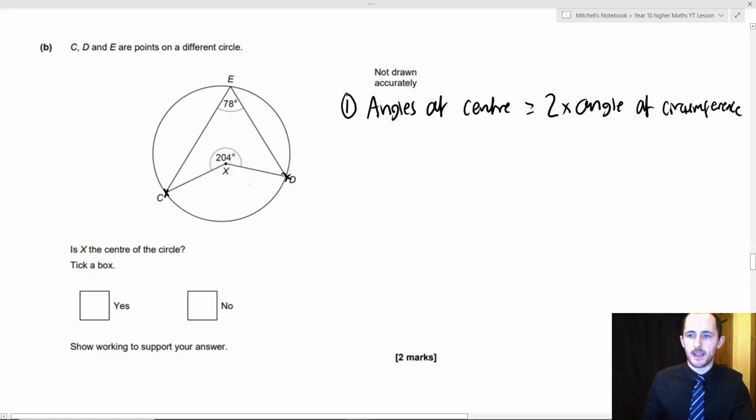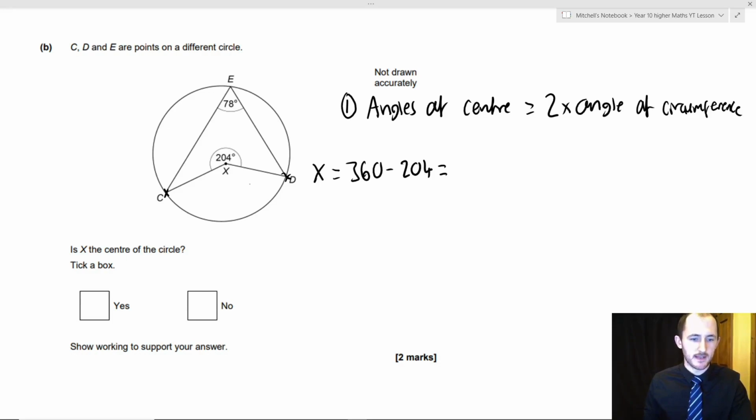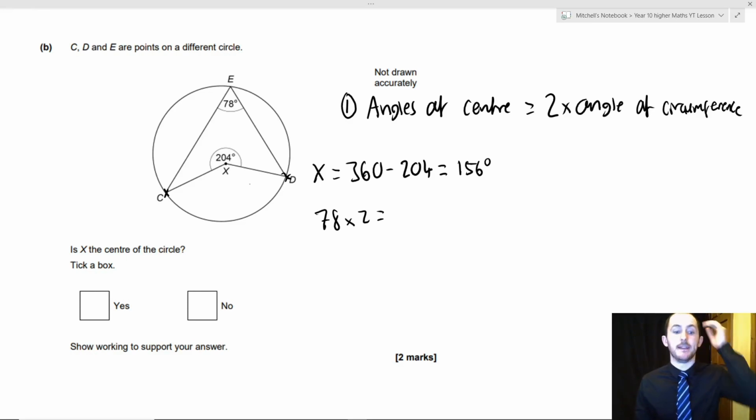This angle here, X, is going to be 360 minus 204, right? Because angles around a centre add up to 360, and that will give me 156 degrees. Now, 78 times by 2 is 156 degrees.